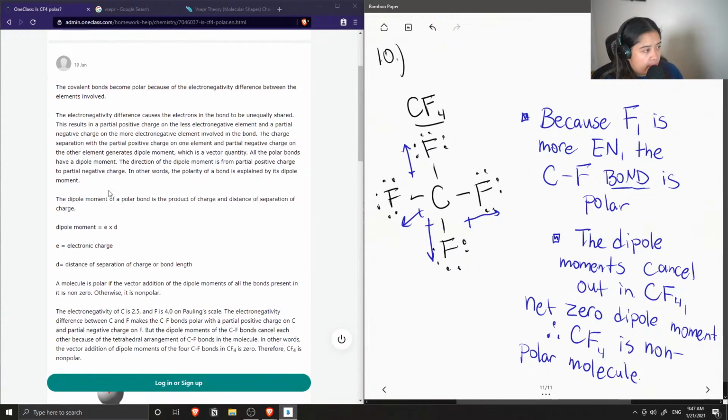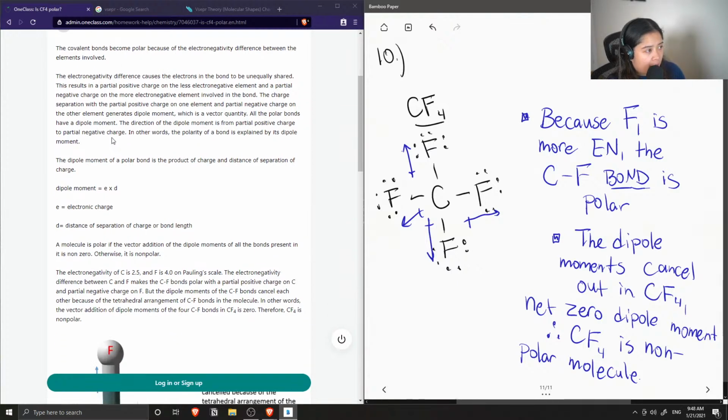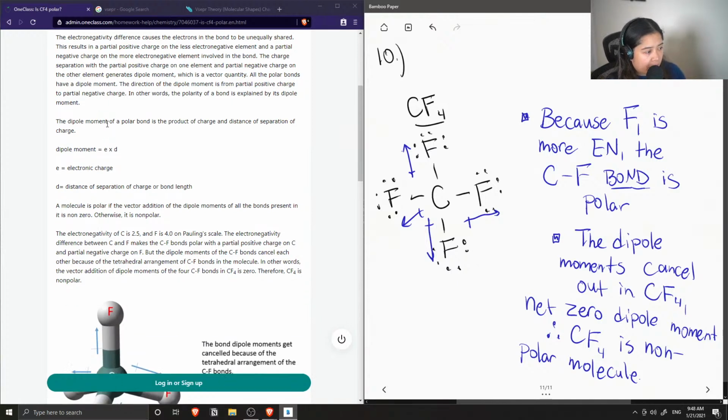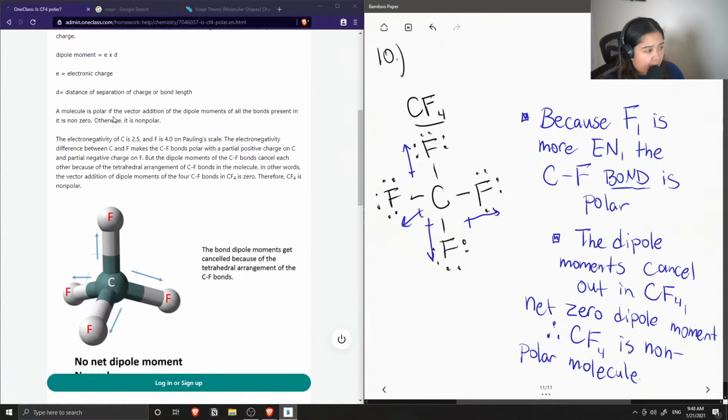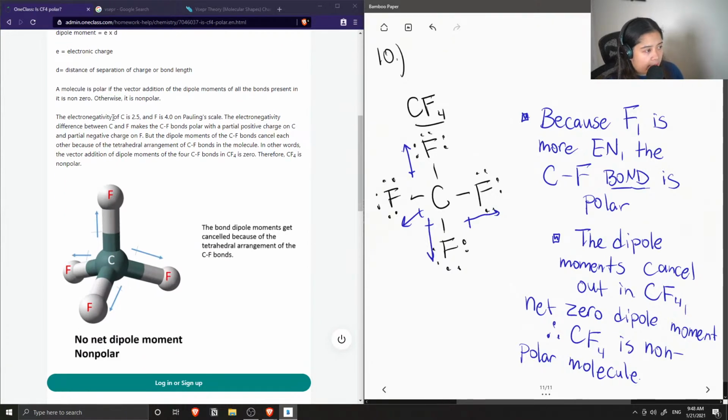So the junior tutor said that the covalent bonds become polar because of the electronegativity difference between the elements involved. And then they give an explanation on electronegativity difference, how one can calculate the dipole moment. They have the electronegativity of carbon as 2.5 and for fluorine as 4.0.